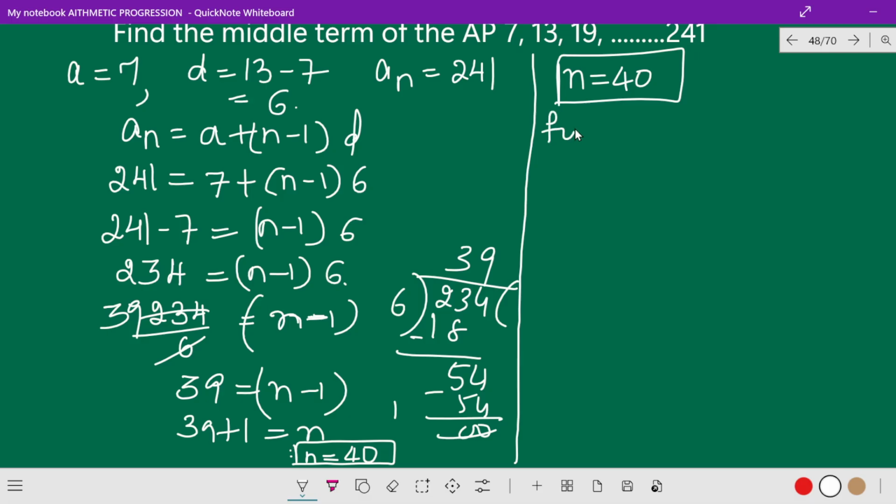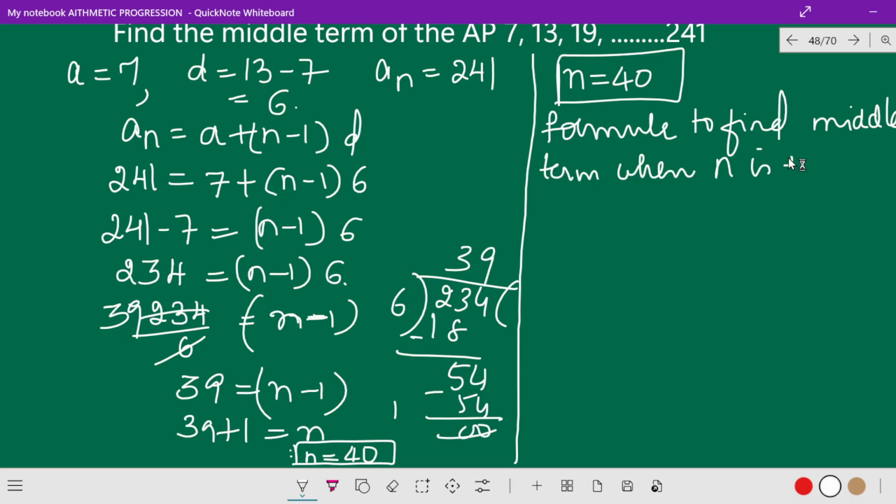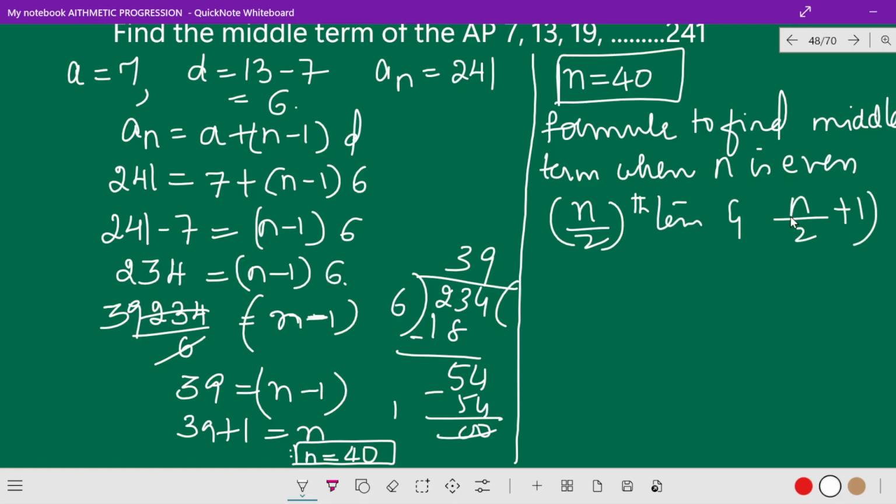The formula to find the middle term when N is even is the N by 2th term and the N by 2 plus 1th term.